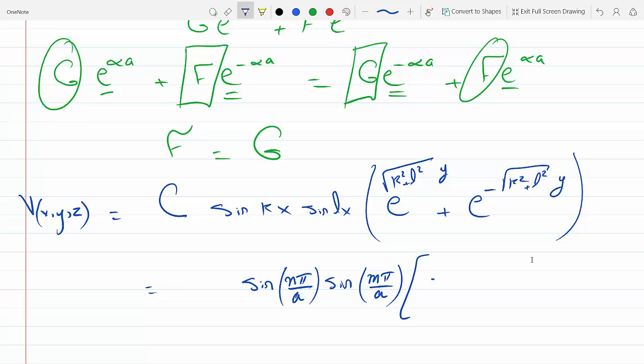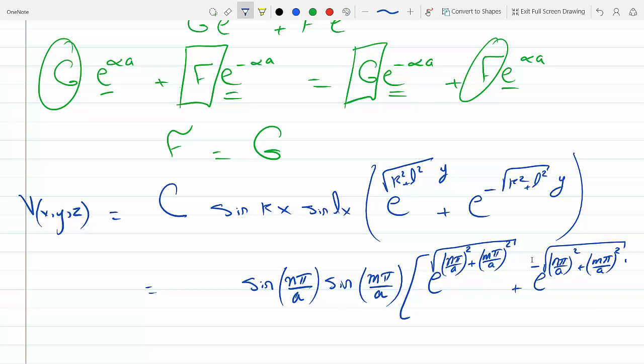So this becomes the square root of n pi over a squared plus m pi over a squared, plus e to the minus the square root of n pi over a squared plus m pi over a squared, y.